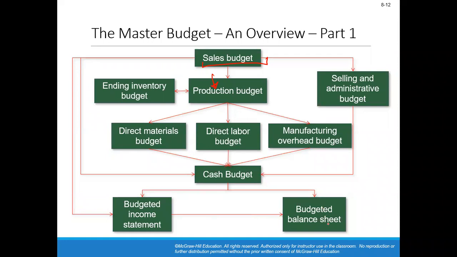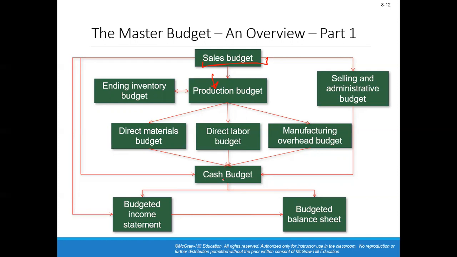You are familiar with the income statement and balance sheet from financial accounting. Note that those are historical income statements and historical balance sheets. But here we have the budgeted income statement and budgeted balance sheet. They can only be prepared if we have the cash budget.